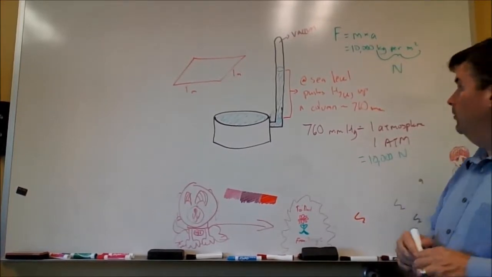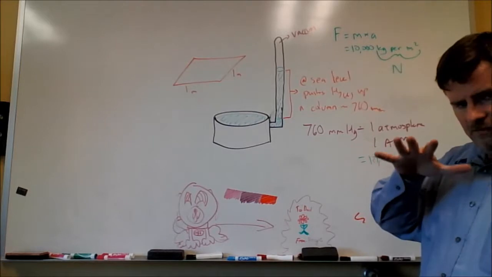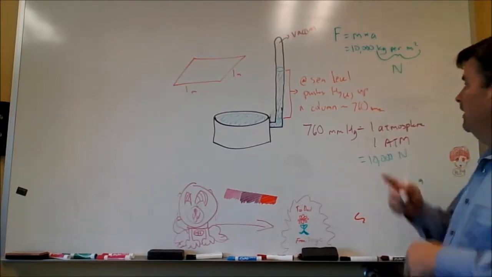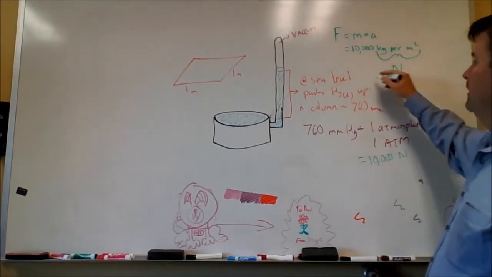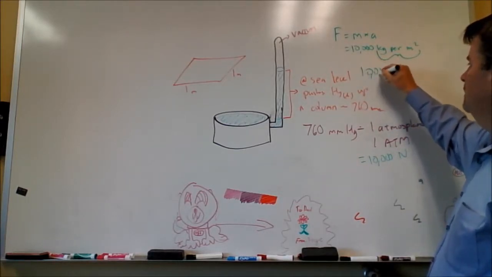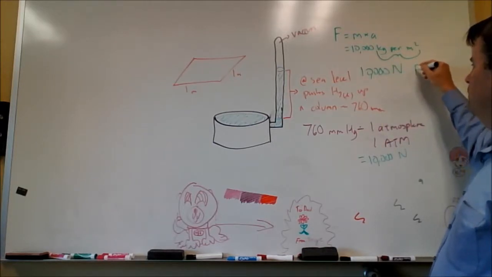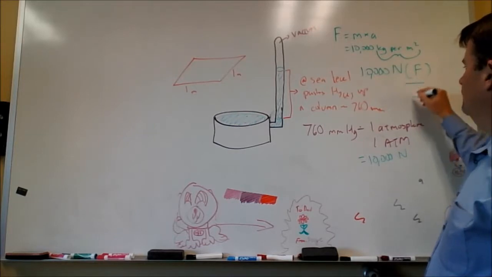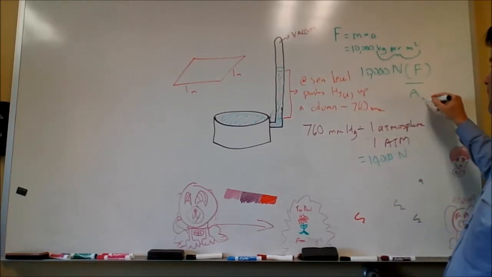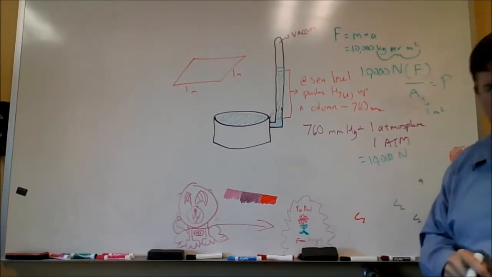And one thing that we know about this force, the amount of acceleration from all this mass pushing down, is that these newtons are going to be applied over a certain area. So 10,000 newtons, and that's the force, right? And we're looking at the amount of area. If we're talking about area, which is 1 square meter, this is a measurement of pressure.